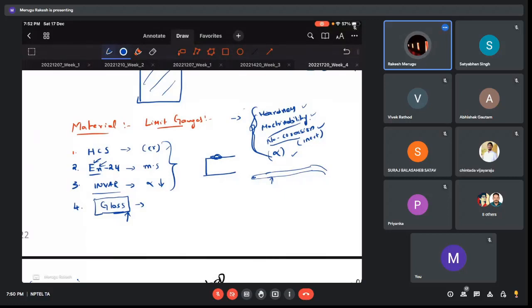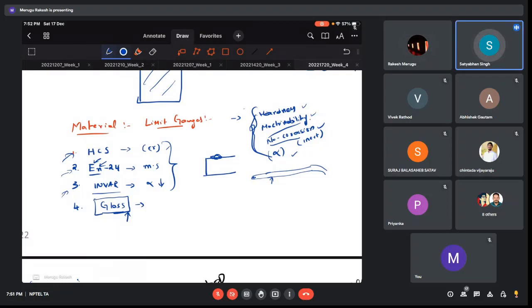It's too brittle, so there is no chance of using it again. If you drop any high carbon steel or EN24, these are metals with good toughness, so they will not break very easily. So the worker will immediately start using it. But if you provide them glass, they cannot use it because it breaks.